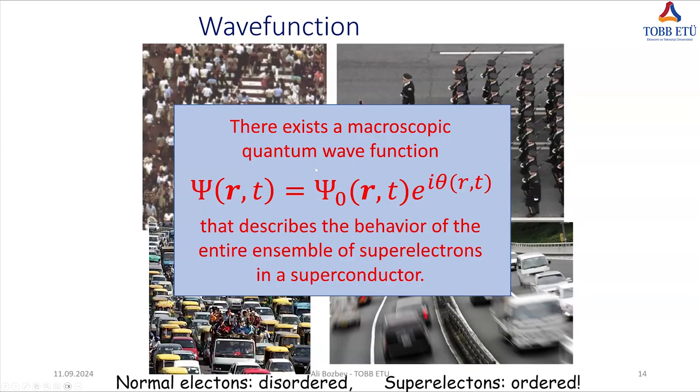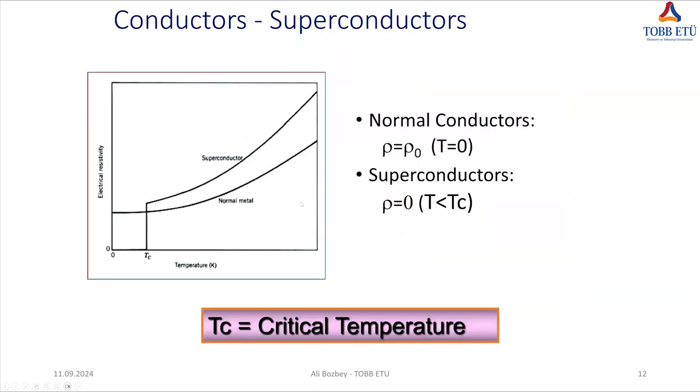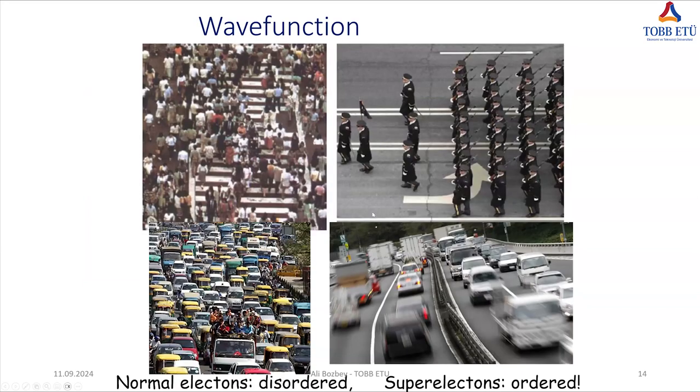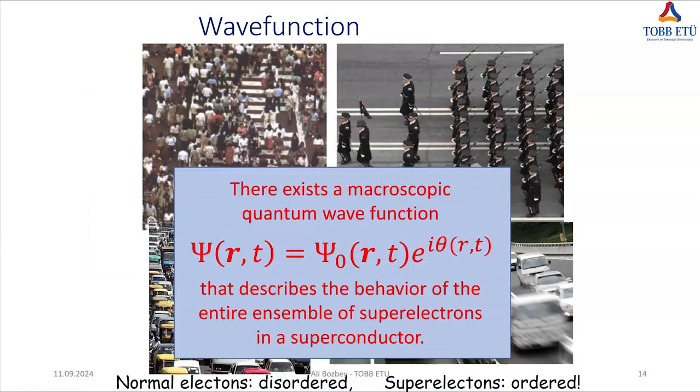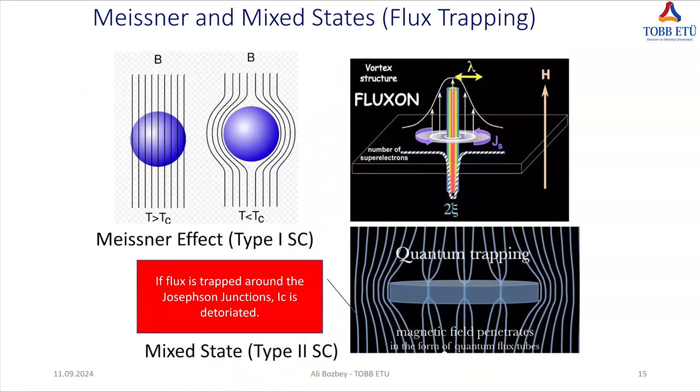So this explains the zero resistance case. There is no collision of the super electrons. They can move freely. But zero resistance is not enough to define a material as a superconductor. There need to be some other properties.